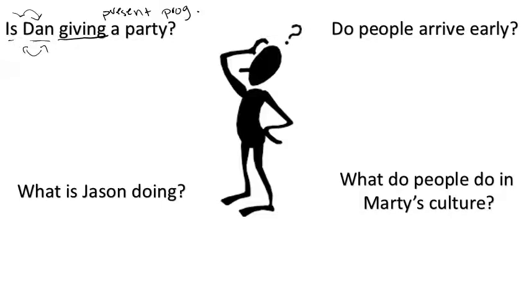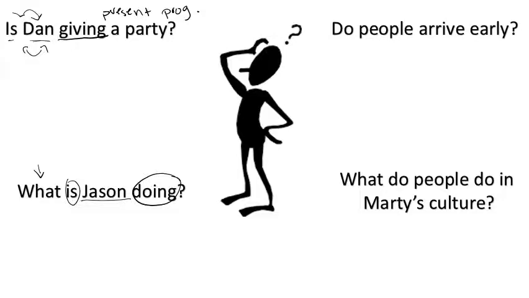What is Jason doing? This is how I make a WH question with the present progressive. All I did was add what in front of the verb to be, which is is in this case. I still have the subject in between the verb to be and the action, the ing form of the verb.